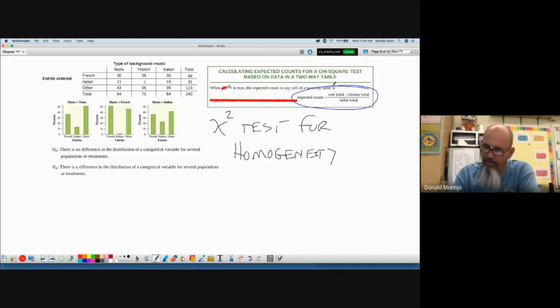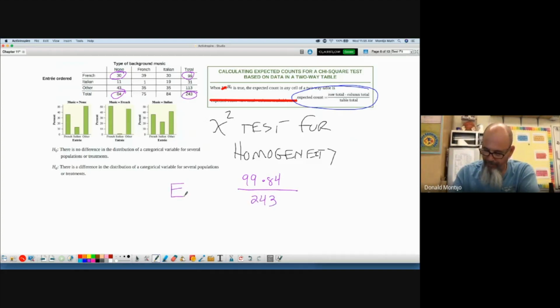So let's say I want to figure out what is the expected count of people ordering French food when no music is being played. So I want to figure out what is the expected count in this cell here. Well, to do that, I need to take the row total, 99, times the column total, 84, divided by the table total, 243.